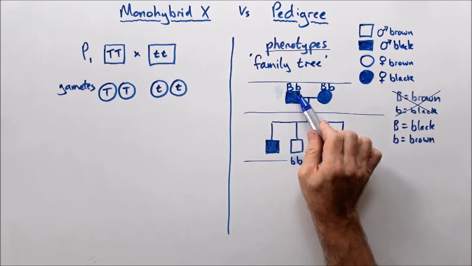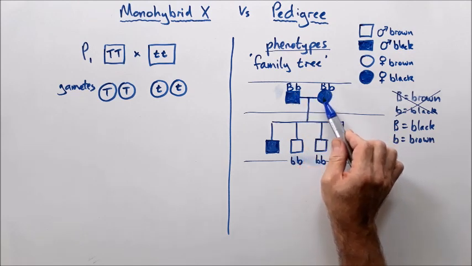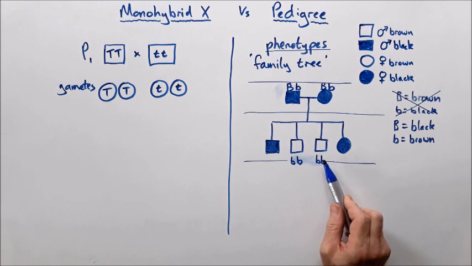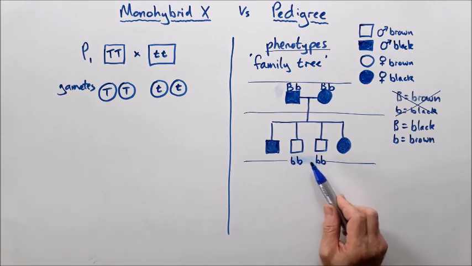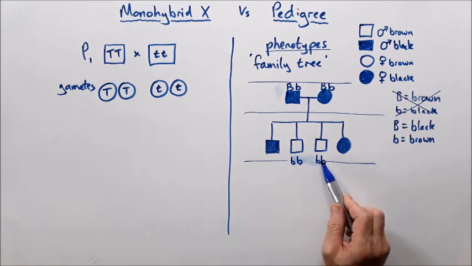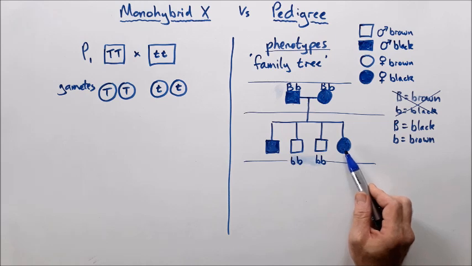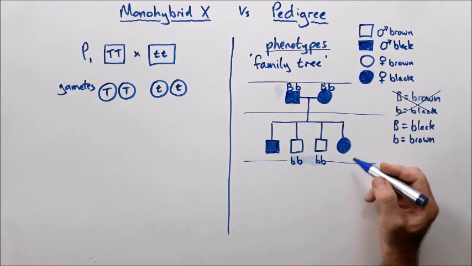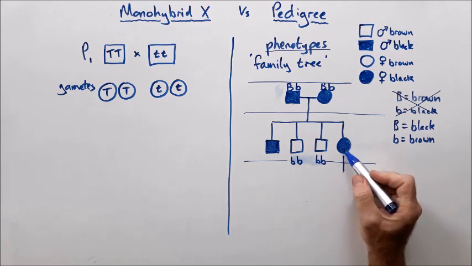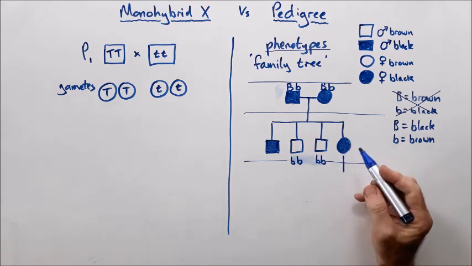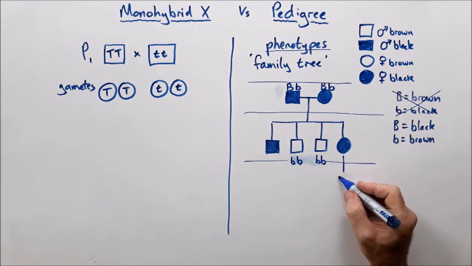So heterozygous black crossed with a heterozygous black, it's possible that they have homozygous brown furred offspring. And it's also possible that they could have black furred offspring. Now, what's interesting here is that because the parents are heterozygous, there are two probabilities here.